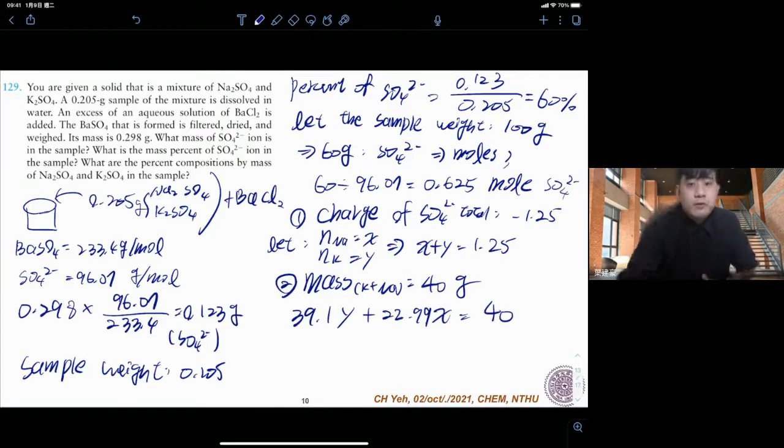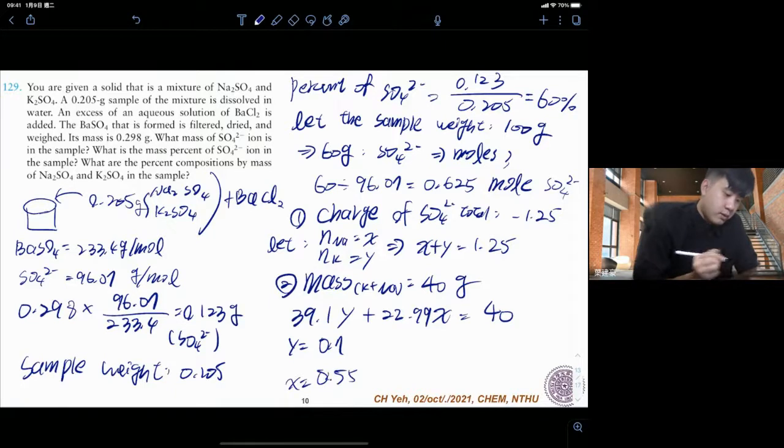Finally, you can solve this using the calculator, so I will not demonstrate it again. So Y equals 0.7, and X equals 0.55.